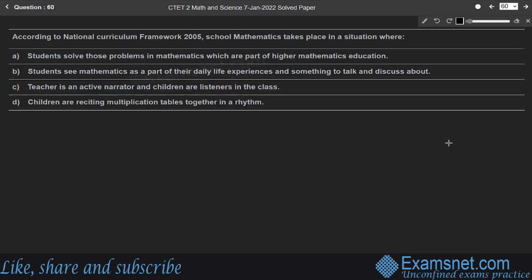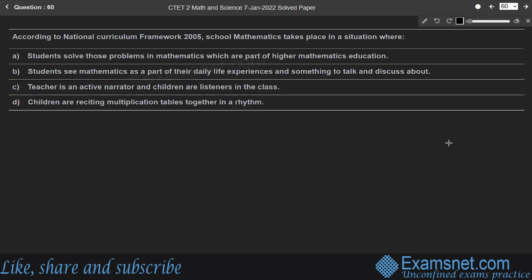According to National Curriculum Framework 2005, school mathematics takes place in a situation where students solve those problems in mathematics which are part of higher mathematics education. Students see mathematics as a part of their daily life experiences and something to talk and discuss about. Teacher is an active narrator and children are listeners in the class.